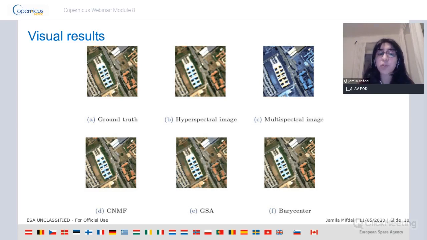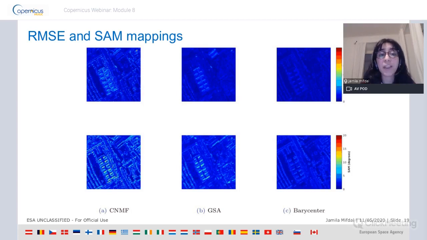And in order to spot where the fusion failed and where the fusion succeeded, we did the RMSE and SAM mapping. So RMSE is the root mean square error, and SAM is the spectral angle mapper. It measures the spectral quality of the fusion. So here, the more we go towards the red color, the worse the fusion.